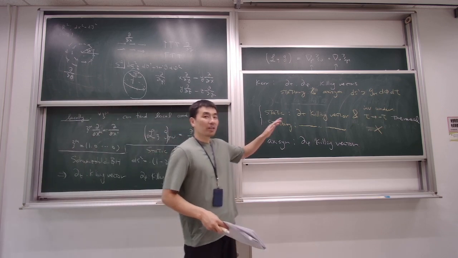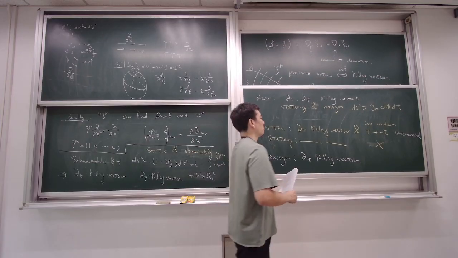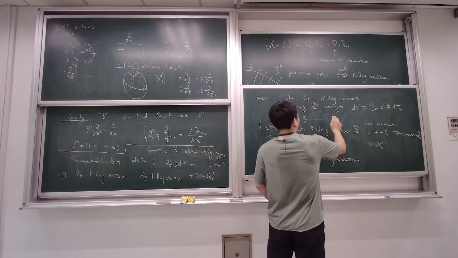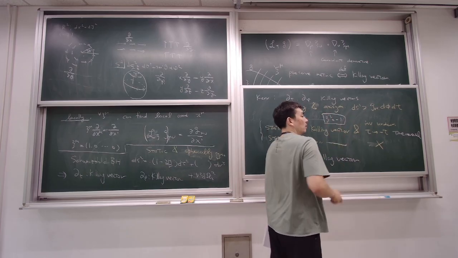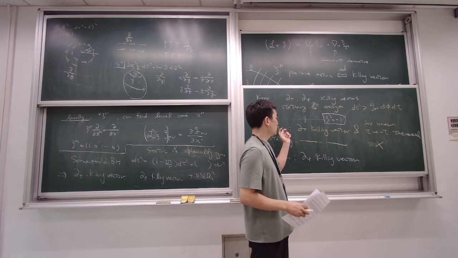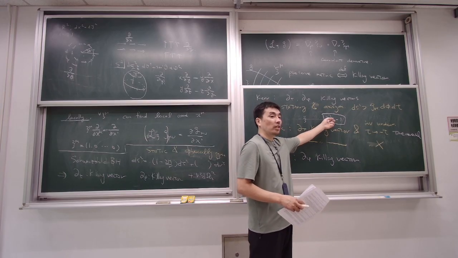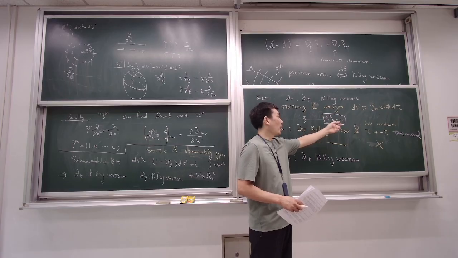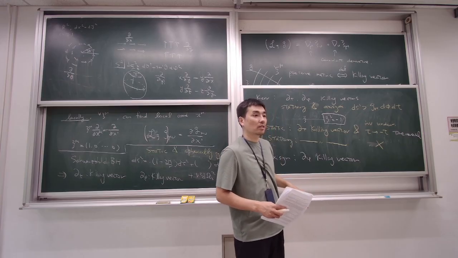I mean, there is a more general definition. If there is some Killing vector xi that satisfies asymptotically xi squared equal to minus 1, which means timelike, then it's called stationary, more generally. But we can take this xi as delta t, so it's okay.